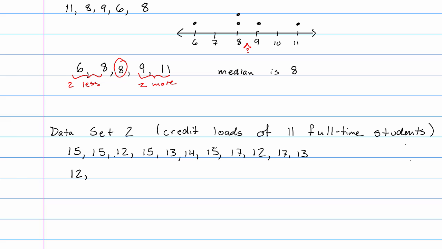I copy that down, cross it off because I used it. Smallest remaining number is a 12. I put that down, cross it off because I used it. Now there's a 13. I cross that off because I used it. Here's another 13. And now the smallest number I can find is a 14.